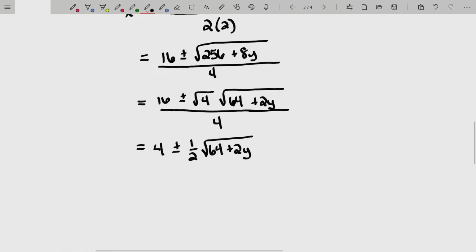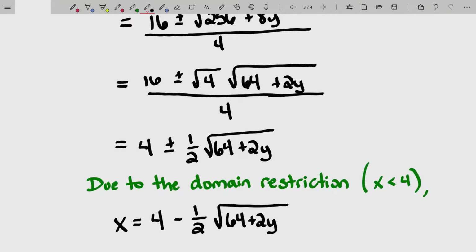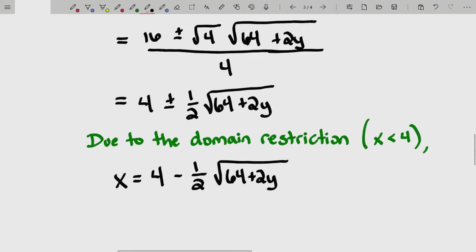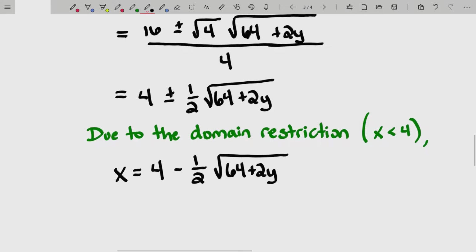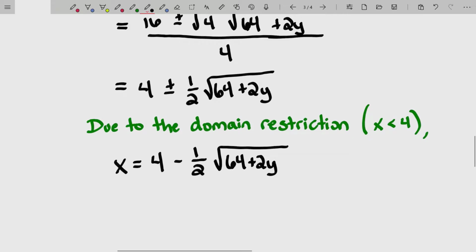That our answer right here cannot be 4 plus 1/2 root 64 minus 2y, but instead 4 minus, because again, the x value is less than 4. So I'll write that in. And there we go. Due to the domain restriction, that x being less than 4, we know that x must be 4 minus 1/2 square root of 64 plus 2y.